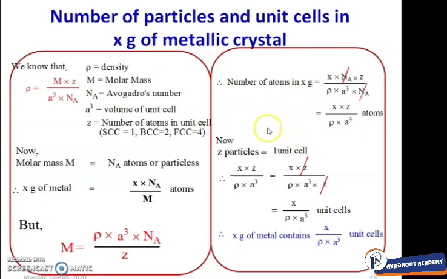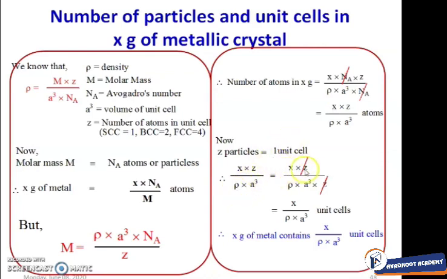Then how to calculate number of unit cells for a given number of particles? Suppose z number of particles corresponds to 1 unit cell. Then xz upon rho a cube, these many particles will contain how many unit cells? So this is again cross multiplication.